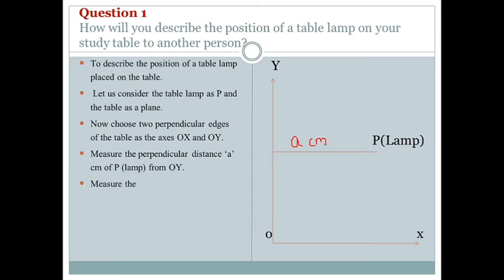Then measure the perpendicular distance b centimeter of the lamp P from OX. So now from OX we will measure the perpendicular distance of b centimeter towards P. So the measure of this perpendicular line is b centimeter.